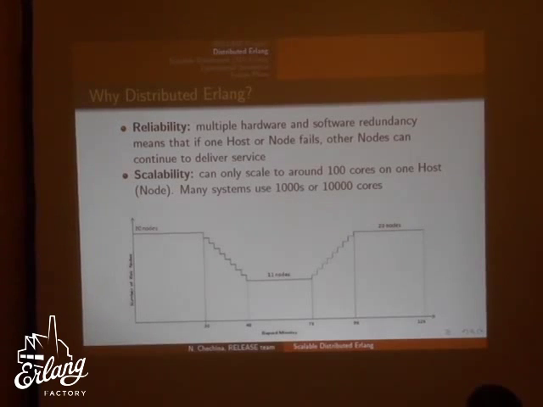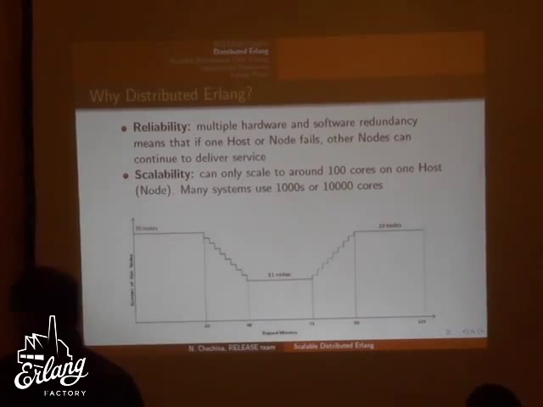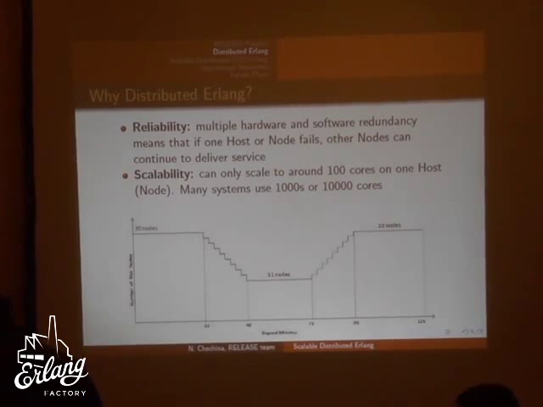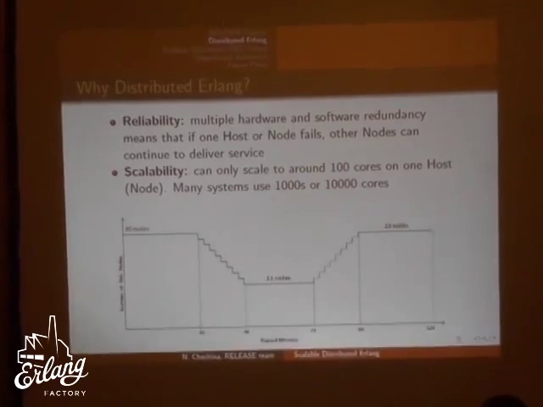So why did we pick Erlang for our project, and distributed Erlang in particular? Well, first of all, it's of course reliability. If something fails, then we pick it up and restart it again. And another thing is scalability. So this is a Basho Bench benchmark.